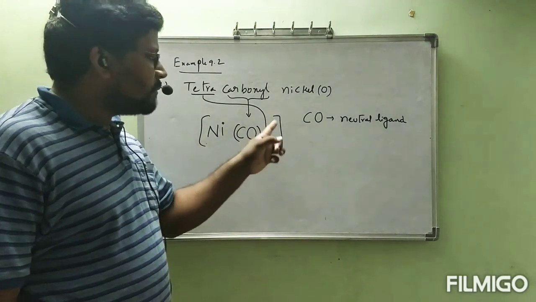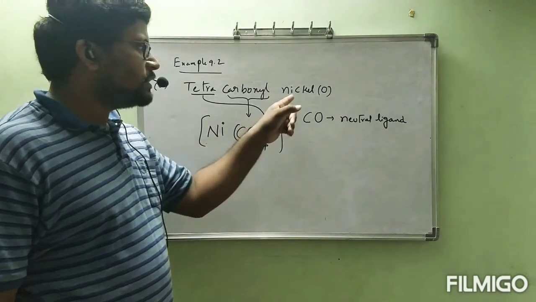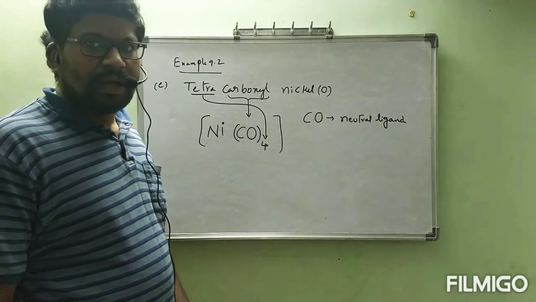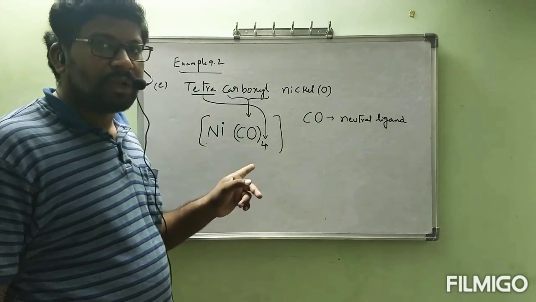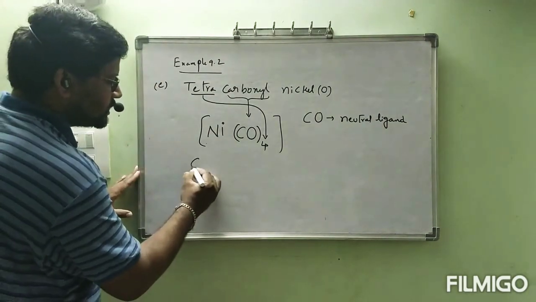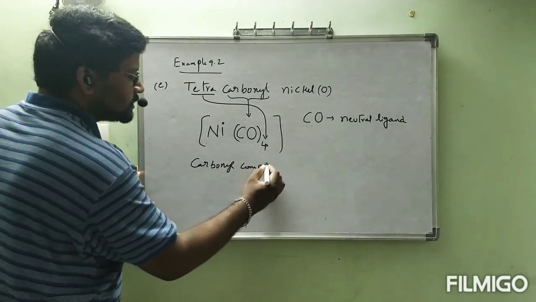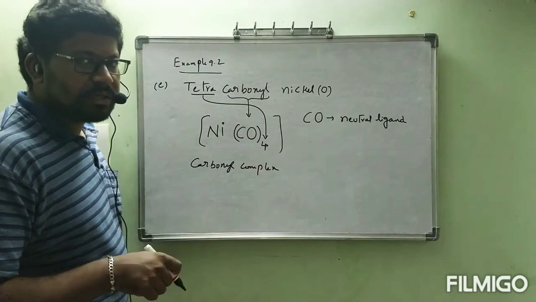If the complex is neutral, the metal present in it will get its name, nickel means nickel only. And one more thing, this is called a carbonyl complex. Some exceptional case is there in this carbonyl complex.